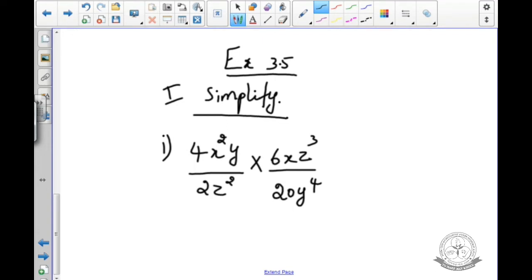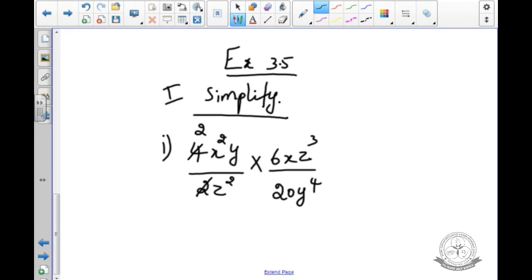So here you can see variables, right? First you should cancel the numbers alone. Here we have 4, in the denominator we have 2. If we cancel these two, we will get 2, right? The x term in the numerator, we have x terms. In the denominator, we don't have an x term, so we can't cancel the x terms.